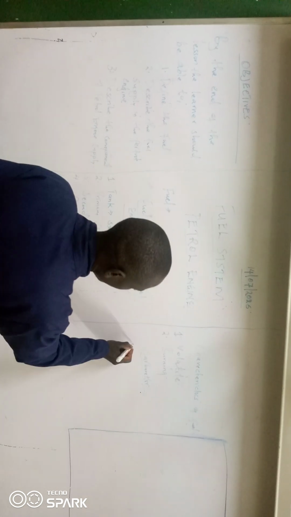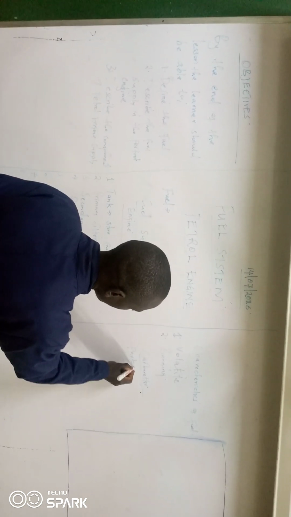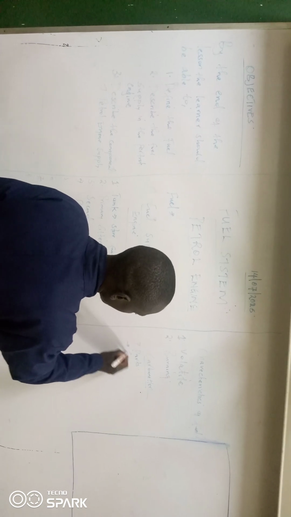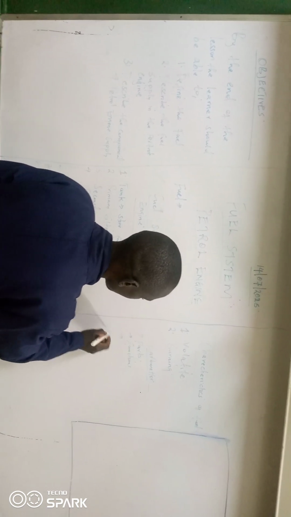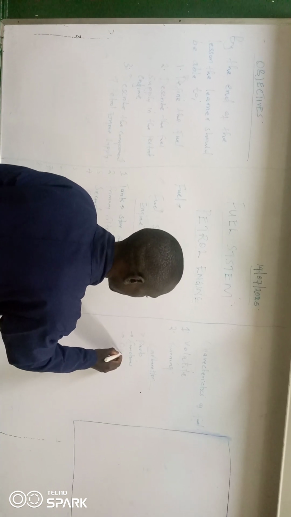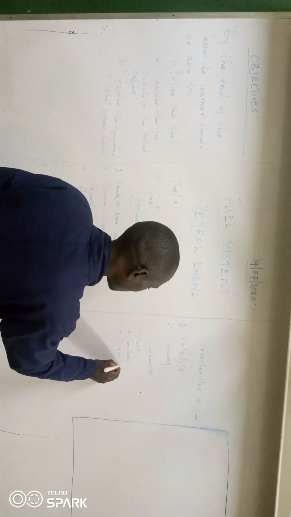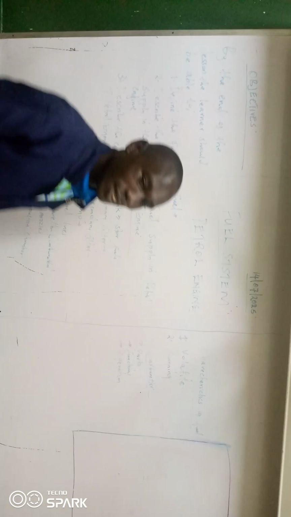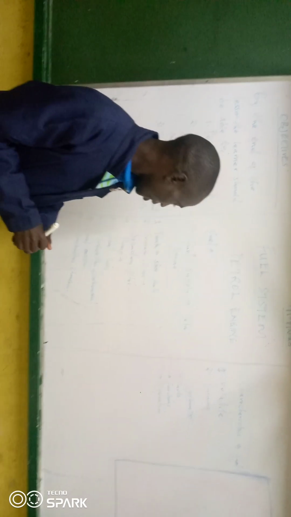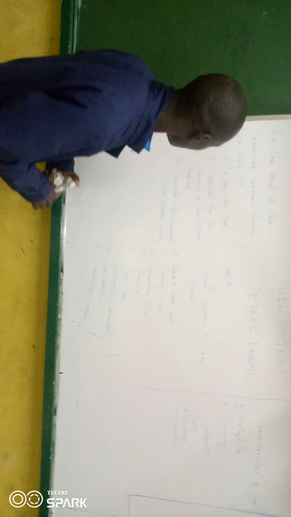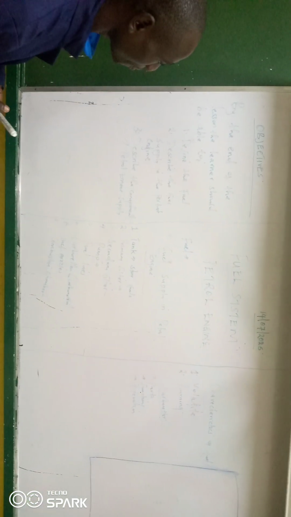Next, after knowing the parts of the carburetor, you should know the function of the carburetor. After knowing the function, you must know the operation, how it operates, how it performs the carburation process.